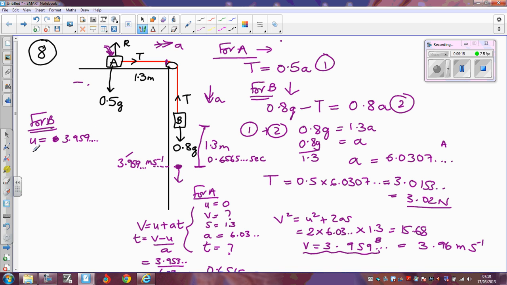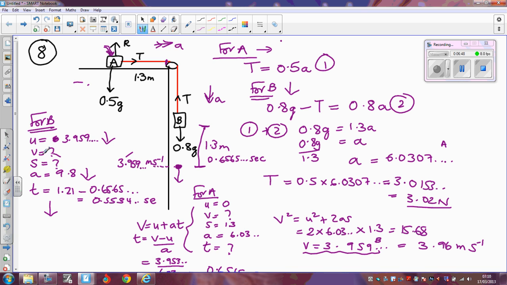The final velocity we don't know and don't particularly care about. The displacement is what we're trying to find. The acceleration is 9.8, in a downward direction, as is the initial velocity. But the time is not 1.21, it's 1.21 minus the time taken for the earlier motion, the 0.6565. That time comes out as 0.5534 seconds.